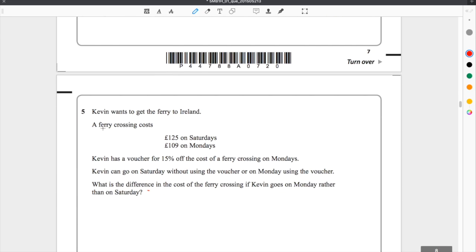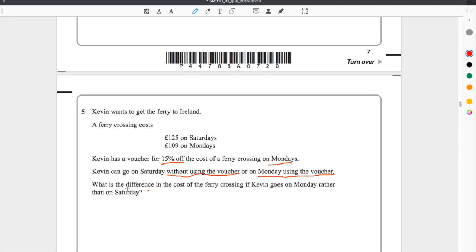So moving on to question 5, Kevin wants to get the ferry to Ireland. A ferry crossing costs £125 on Saturdays and £109 on Mondays. He has a voucher for 15% off on Mondays. He can go on Saturdays without using the voucher, or on Mondays using the voucher.